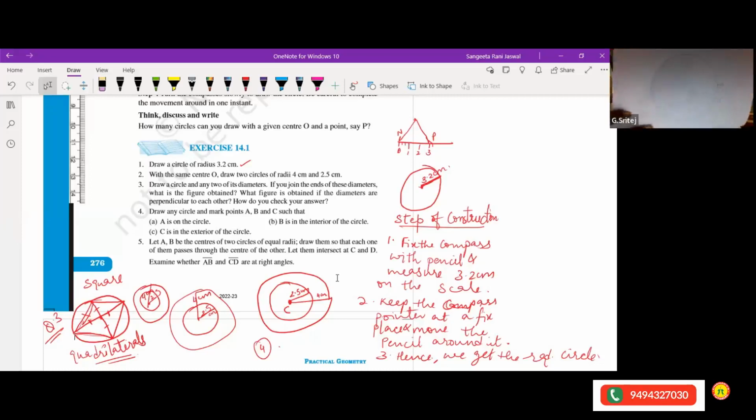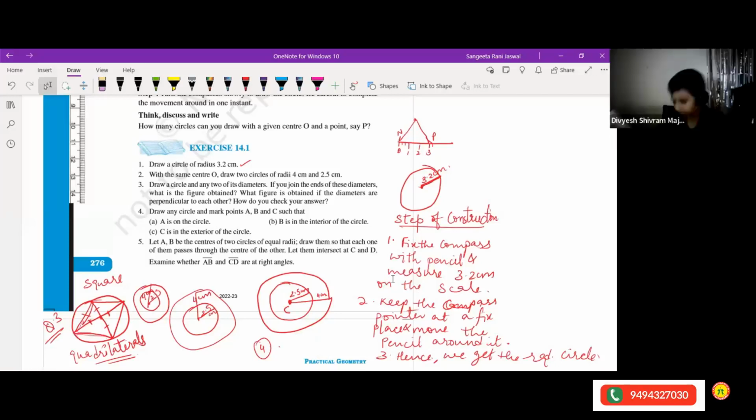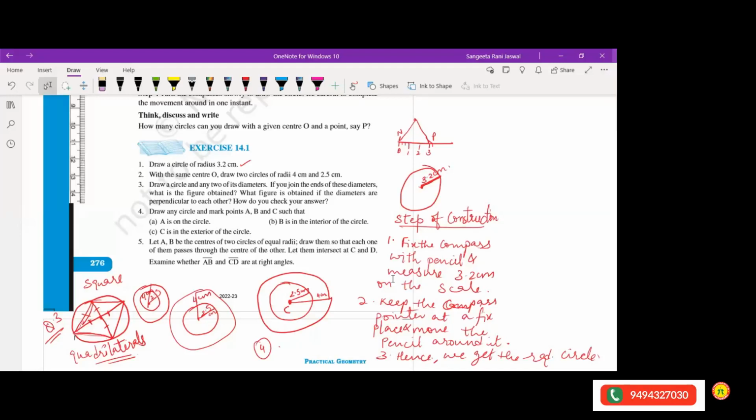Mom, can you see my screen? Just a second. Yes, Ritesh, it's correct. Point A is on the circle, B is inside, C is in the exterior. The inside point should be different from the center point.